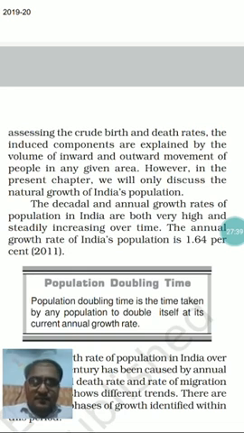By the time of the 2011 census, it was found that we are going to surpass China, and right now in 2020 we are just nearing China. Our population is around 138 crore and China is now at near about 142 crore. So we are just 4 crore behind China, and maybe in the next 4 to 5 years we will surpass China.